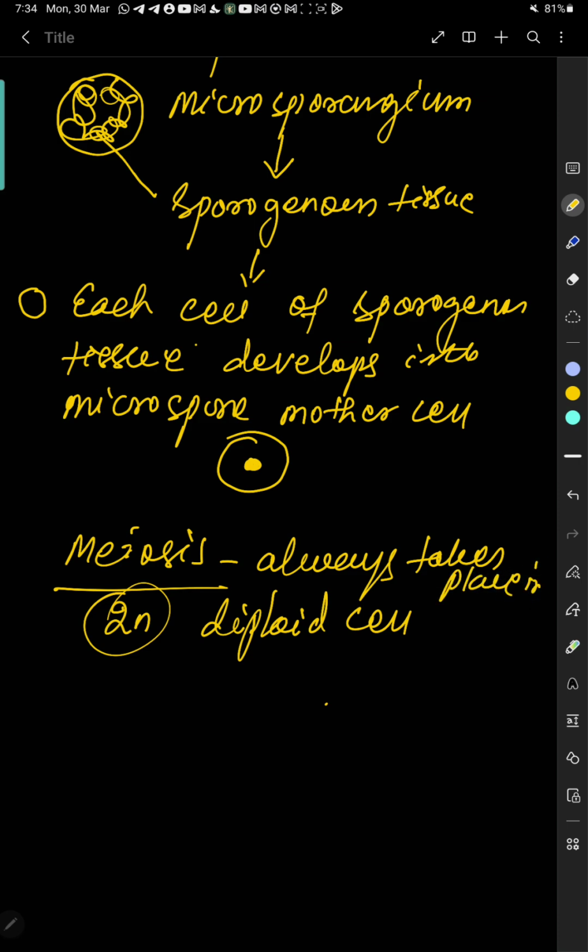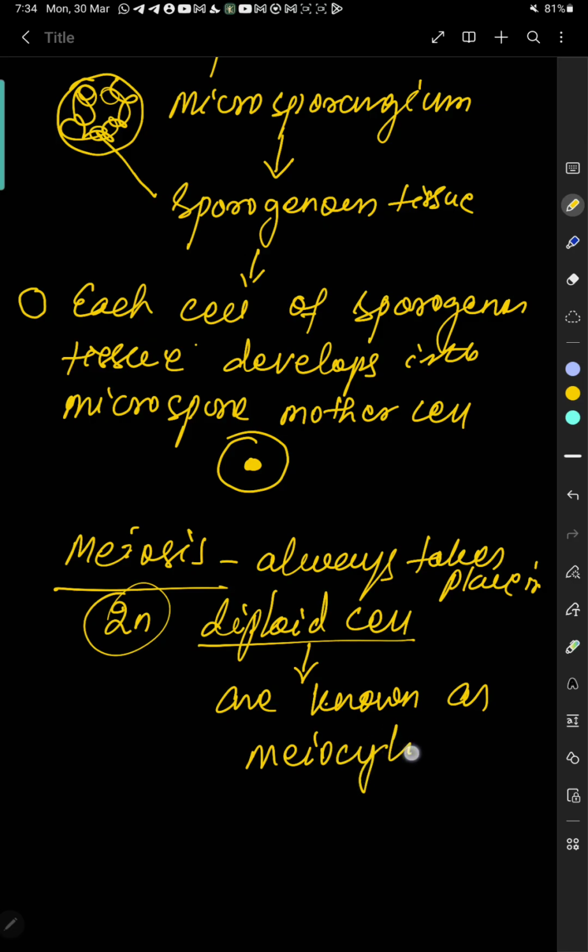These diploid cells are known as meiocytes. Any cell that can undergo meiosis is known as a meiocyte.